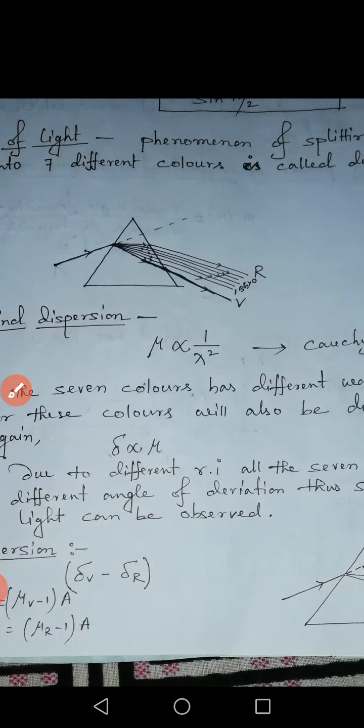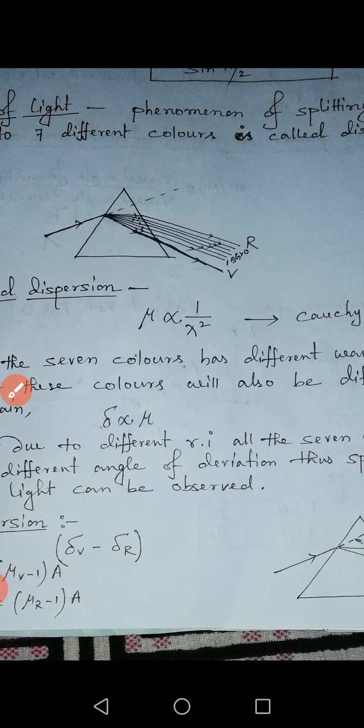An example of white light is the light which comes from the sun. When this white light falls on the prism, on the emergent side we get 7 different colors, and these are violet, indigo, blue, green, yellow, orange and red. The two extreme colors are violet and red.